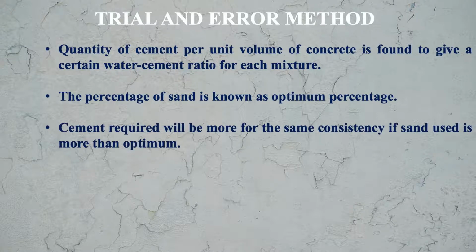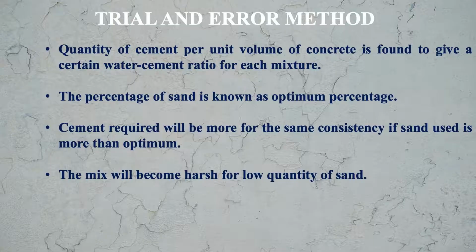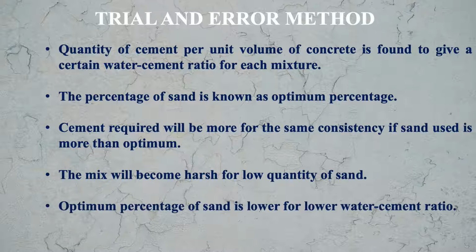The cement requirement will be more for the same consistency if sand used is more than the optimum, because the surface area of the particles will increase if we use more sand than the optimum value, and in that case we will require more cement. The mix will become harsh for a low quantity of sand. Optimum percentage of sand is lower for lower water cement ratio.